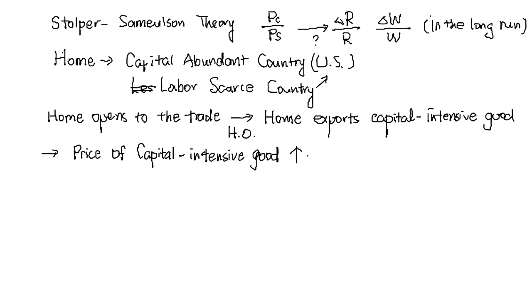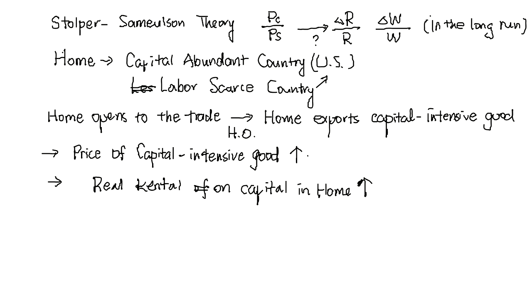So that makes what? The real rental on capital in home increases, right? Because they try to produce more computers in comparison with the shoes. If you think about shoes, they just remain the same amount of shoes they produced before and after the trade.